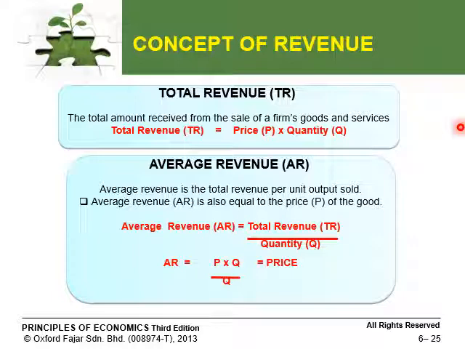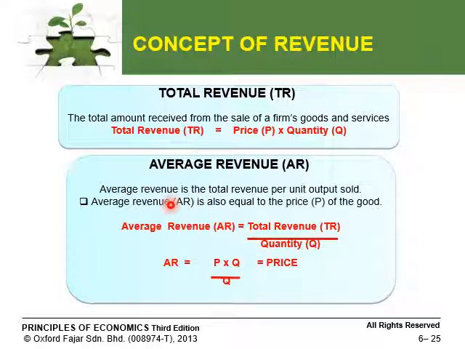All right, so to find revenue, you multiply the price by the quantity, then you will get revenue. As for profit, revenue must be subtracted by the cost, then you will get the profit.